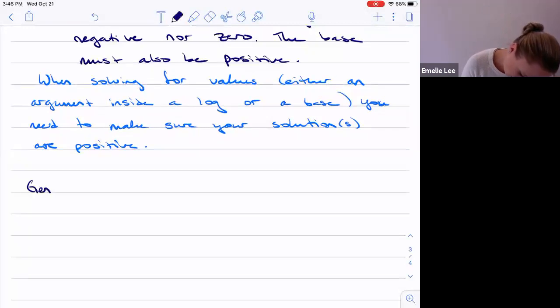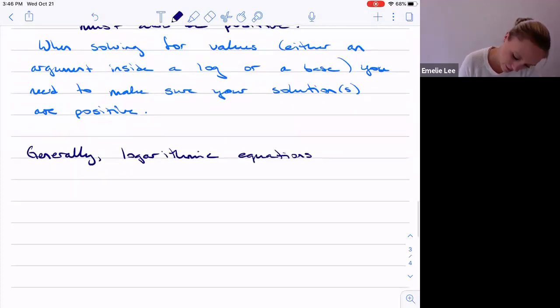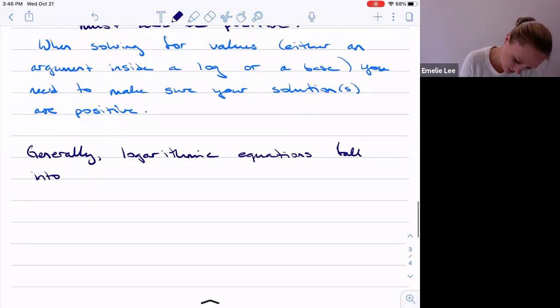So generally, logarithmic equations fall into 4 categories.